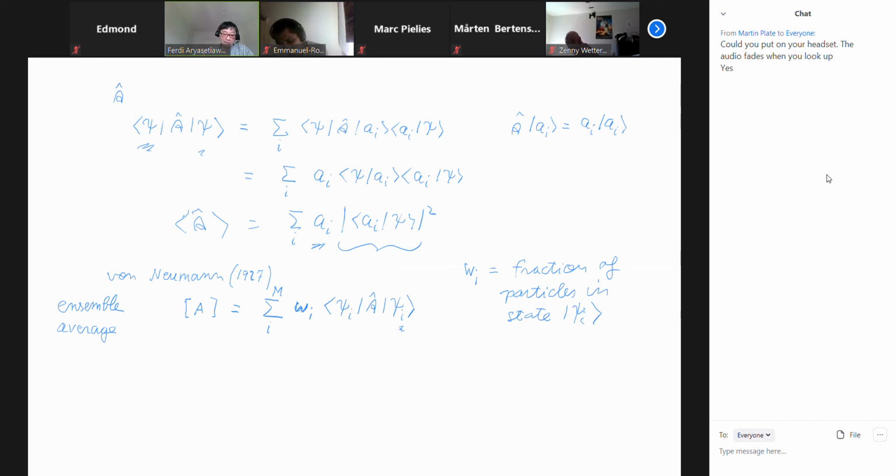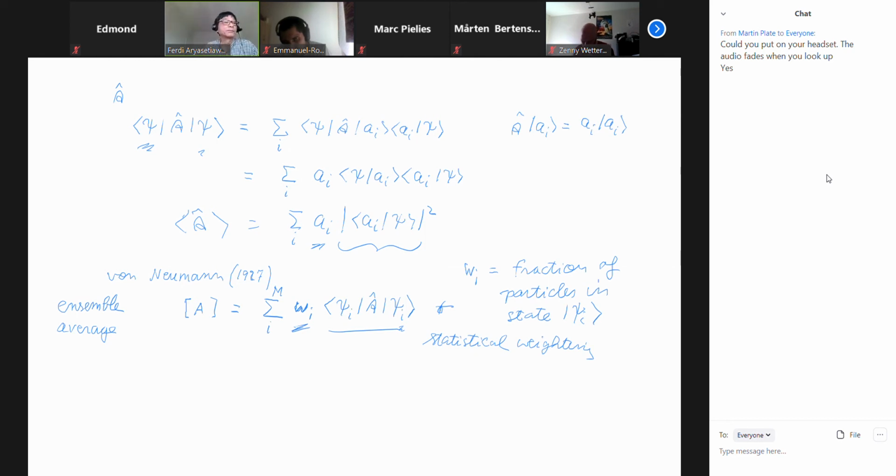So the ensemble average is then given by this expression here. That makes sense because these are just statistical weights. So each expectation value is weighted by the fraction of the particles in that state. It makes sense, yes.